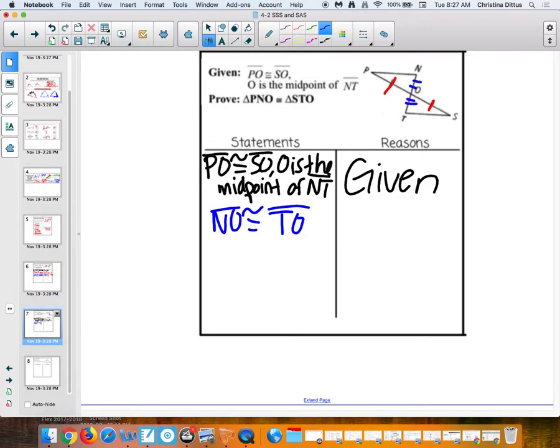Why are they the same? Definition of midpoint.